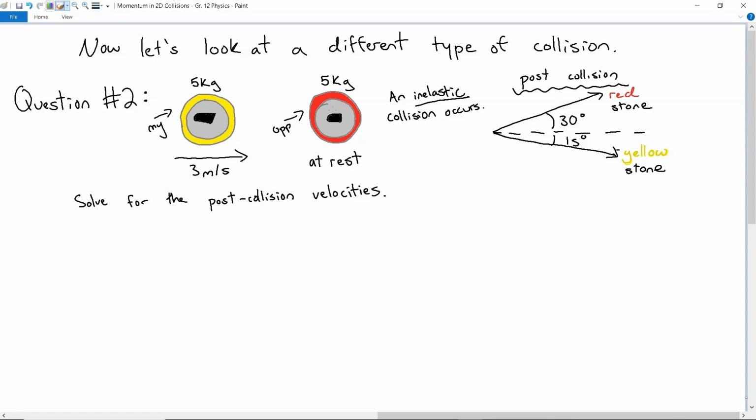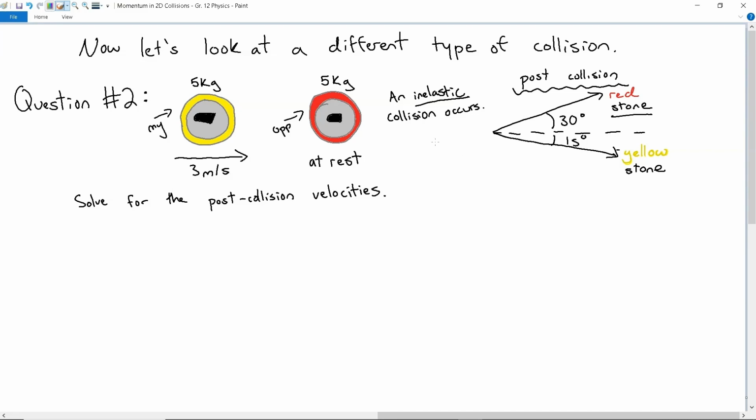And I'm going to hit my opponent's stone, which is also 5 kilos, and it's at rest. And my goal here was to move the opponent's stone upwards. So you can see post-collision, the red stone is going upwards at a 30-degree angle. Meanwhile, my stone goes downwards at a 15-degree angle.